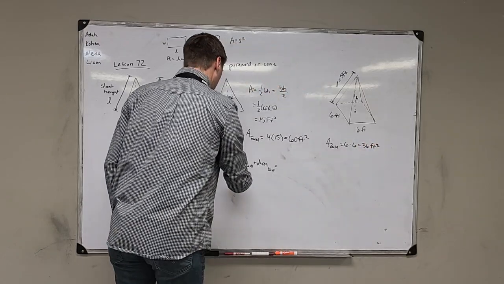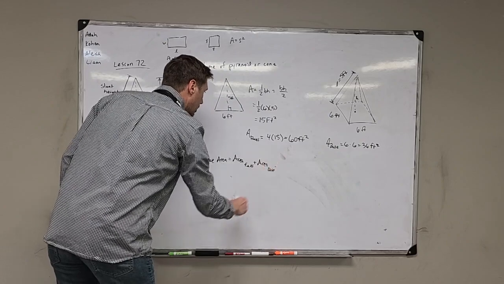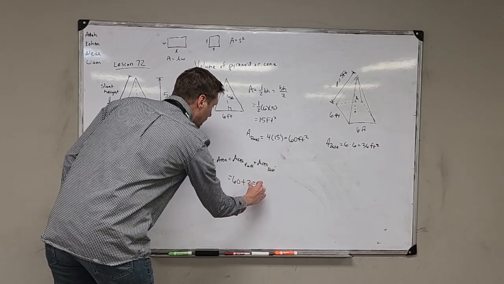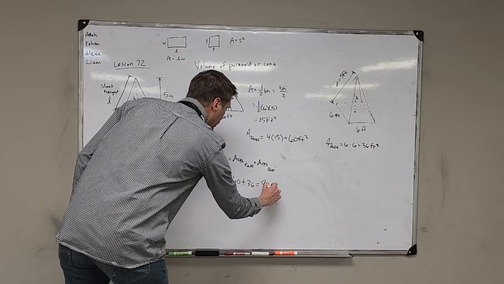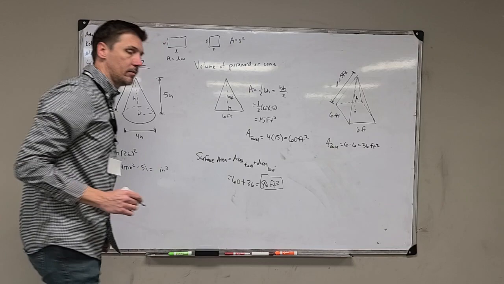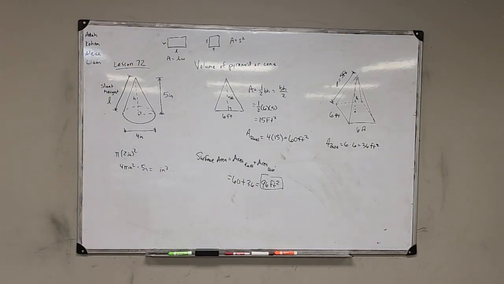So then we take the area of the faces, which we said was 60, and we add that to the 36, which is the area of the base, and so we get an overall surface area of 96 feet squared. So for the pyramid, you just add up the areas of each of the faces. Okay?